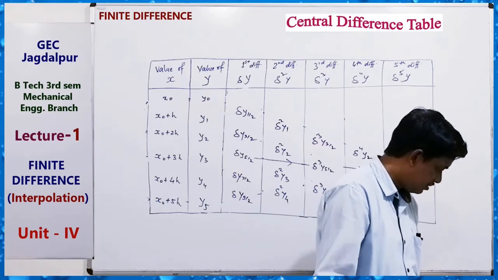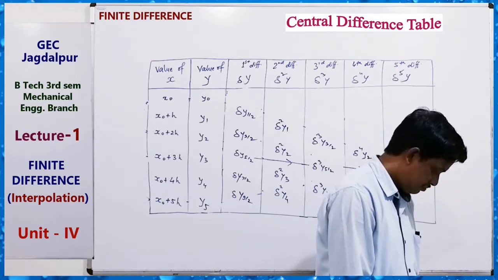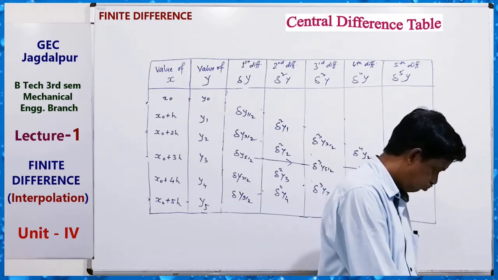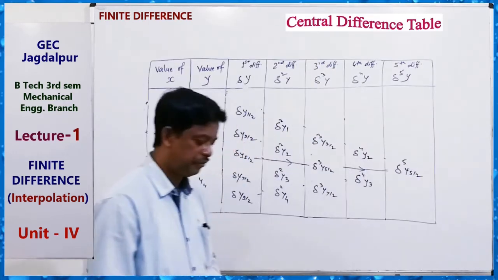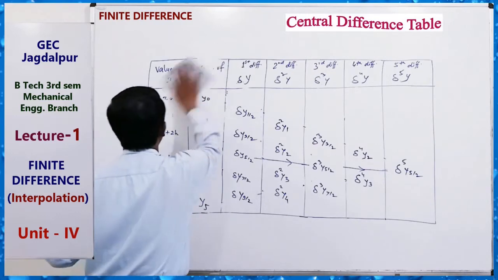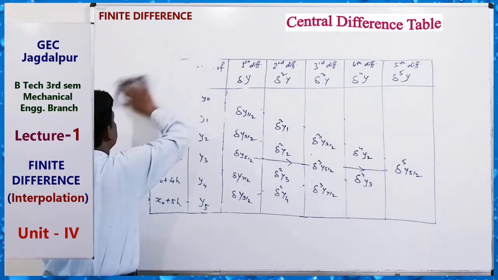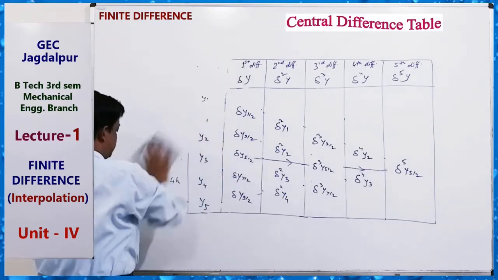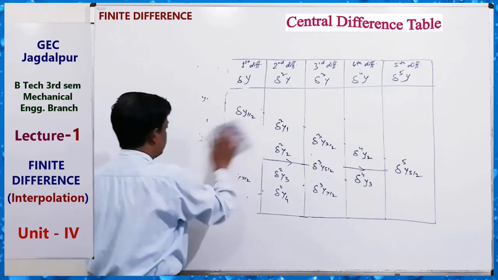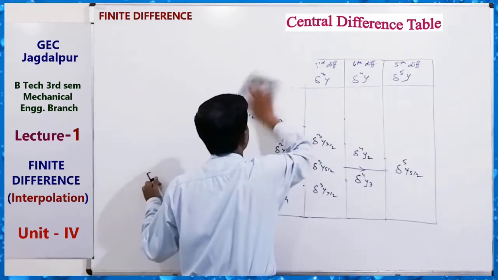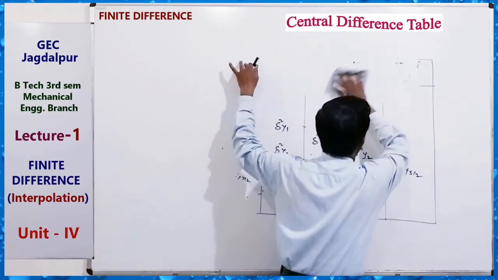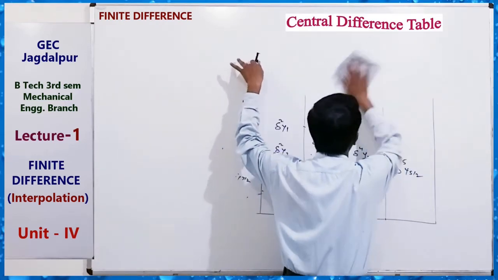First of all, here we see that if a function is a polynomial, how can we define the difference of the polynomial based on degree?